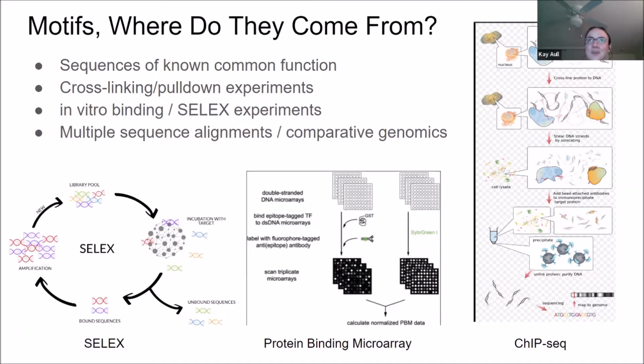So you select for the things that want to bind to your transcription factor of interest. But the general idea in the end is you will get out a panel of sequences that are associated with this transcription factor.